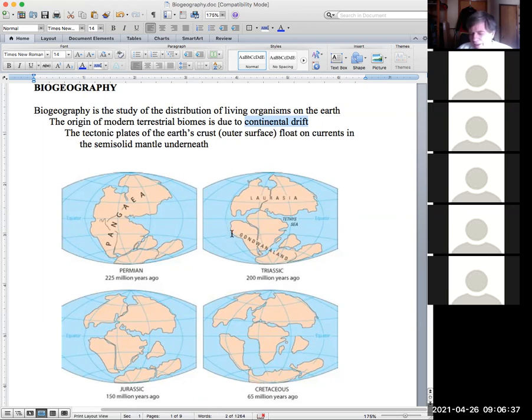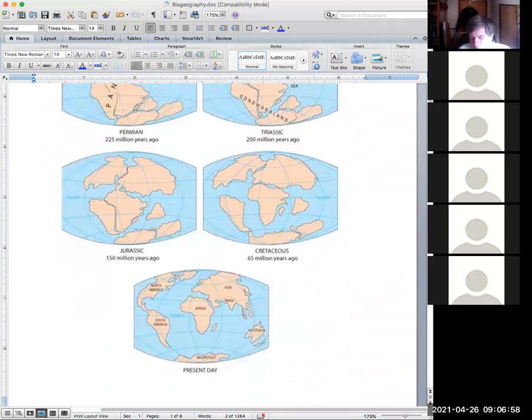Gondwanaland was the southern continents: South America, Africa, Antarctica, Australia, and then this blob here is actually India. So gradually the continents moved further and further apart until they came to their modern day positions.